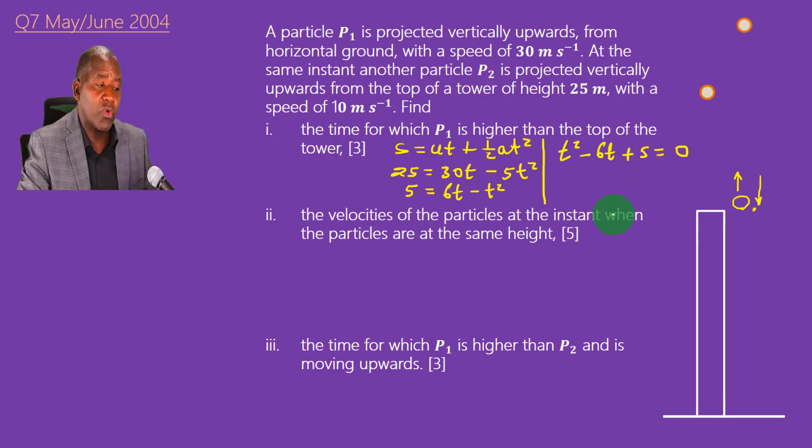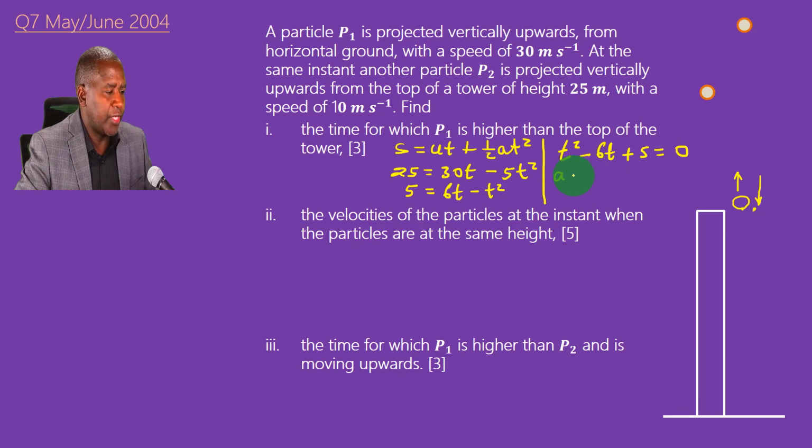I wanted to get a quadratic equation. Of course, I can solve this using quadratics. I'll get two values of t, and once I get two values of t, I find the difference between them, and everything is solved.